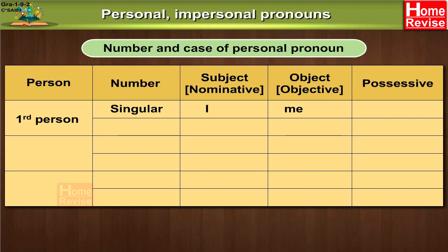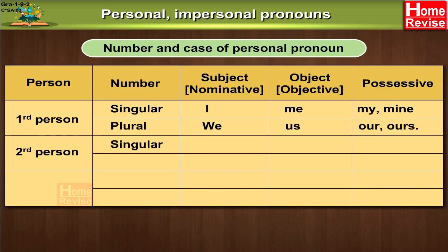Possessive pronoun is my, mine. First person plural, subject we, object us. Possessive pronoun is our, ours. Second person, singular, subject you, object you. Possessive pronoun is your, yours.